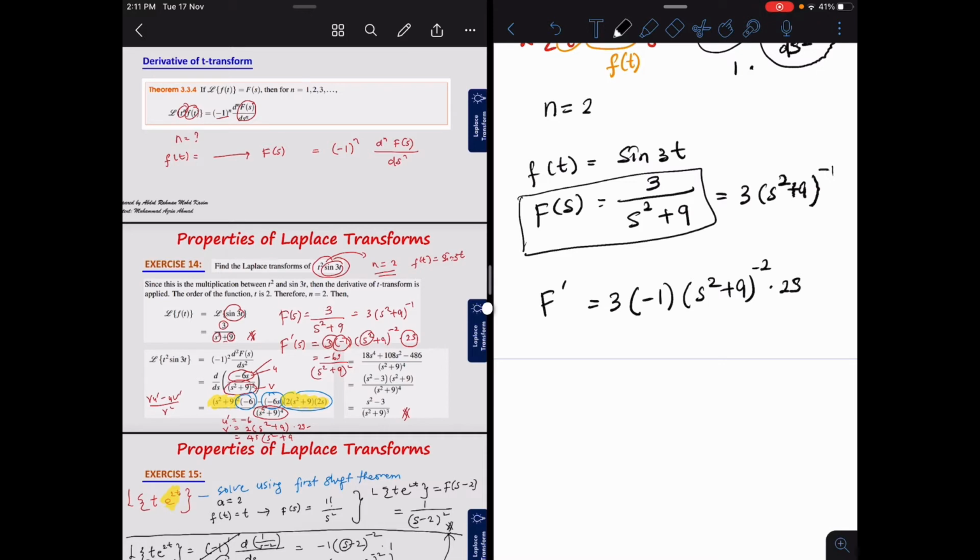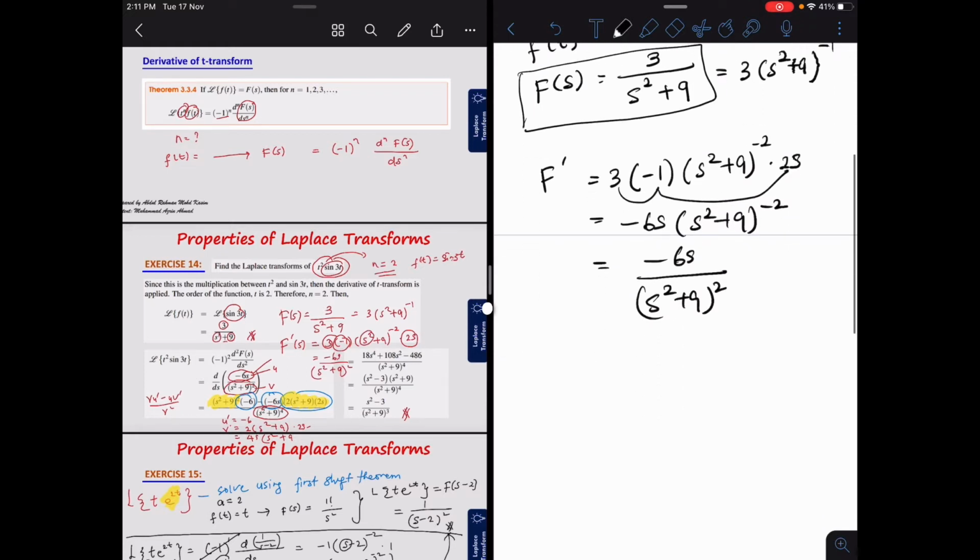We got 2s. So we combine this one and this one, and we will have -6s times s squared plus 9 power of -2, or in another arrangement, -6s over s squared plus 9 power of 2.